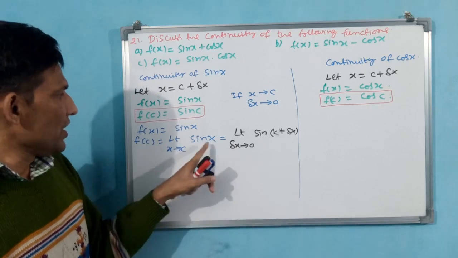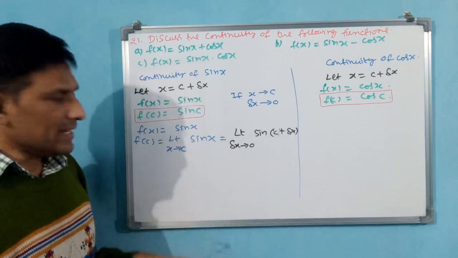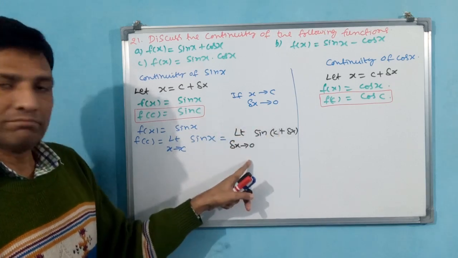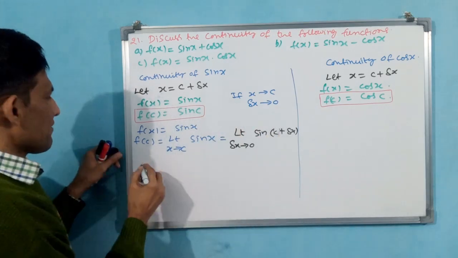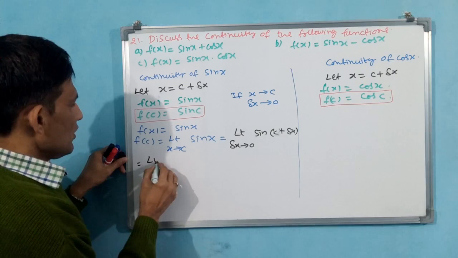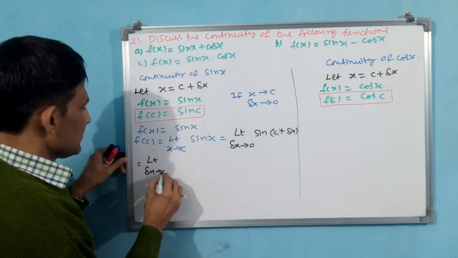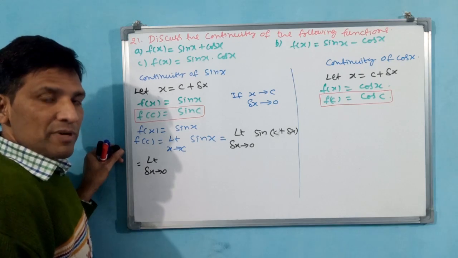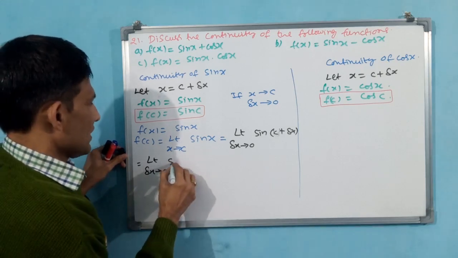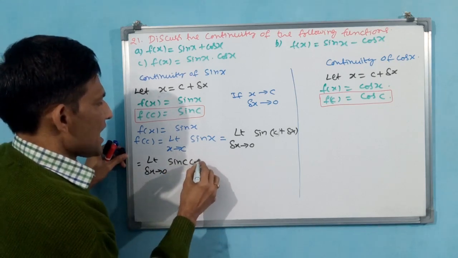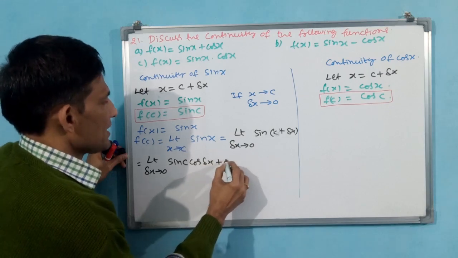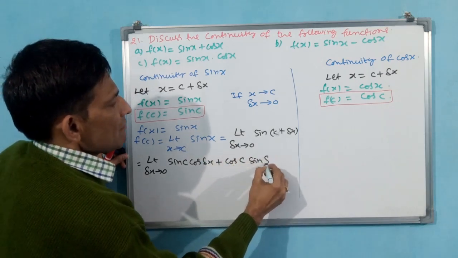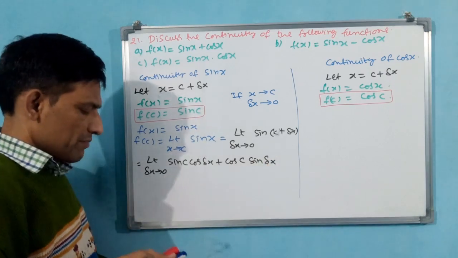Because x you are replacing with c plus delta x. When x tends to c, delta x tends to 0. That is equal to limit delta x tends to 0, sin a cos b plus cos a sin b. Is it okay? Definitely okay.